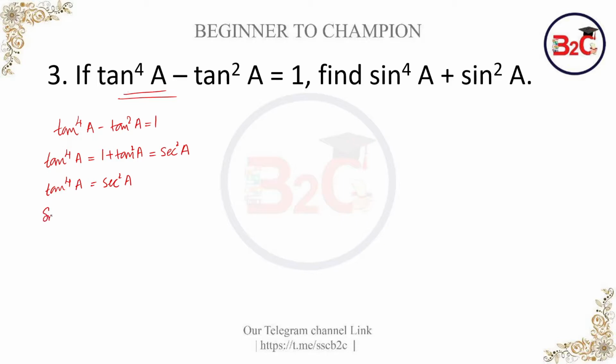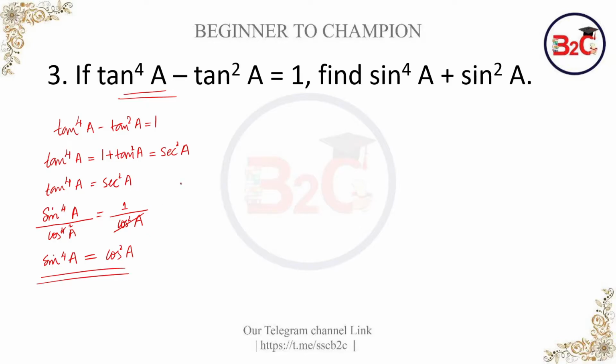In the numerator of LHS we have sine raised to 4a, denominator cos raised to 4a, equal to 1 by cos square a. Now I am going to cancel out cos square a, and from cos raised to 4a we get cos square a. So sine raised to 4a is equal to cos square a.